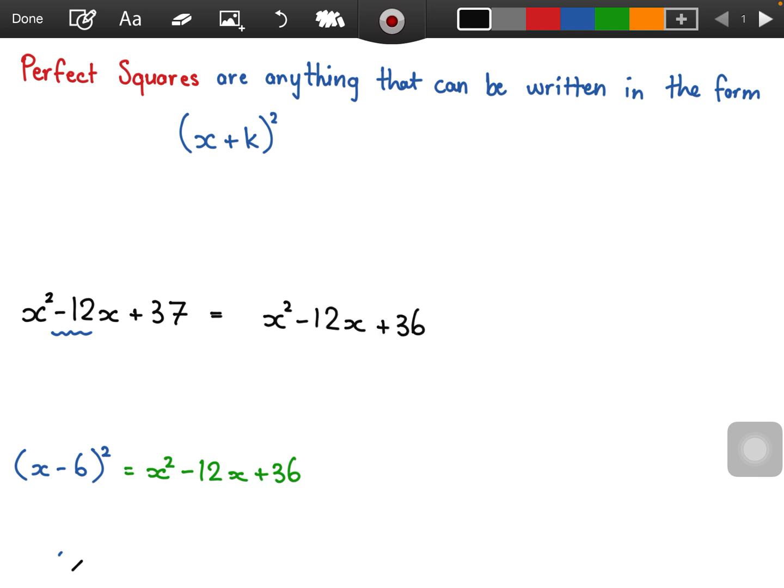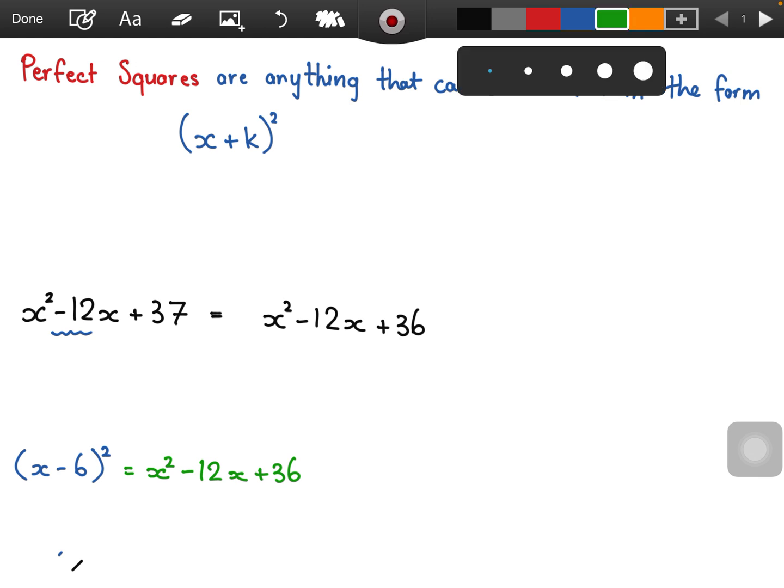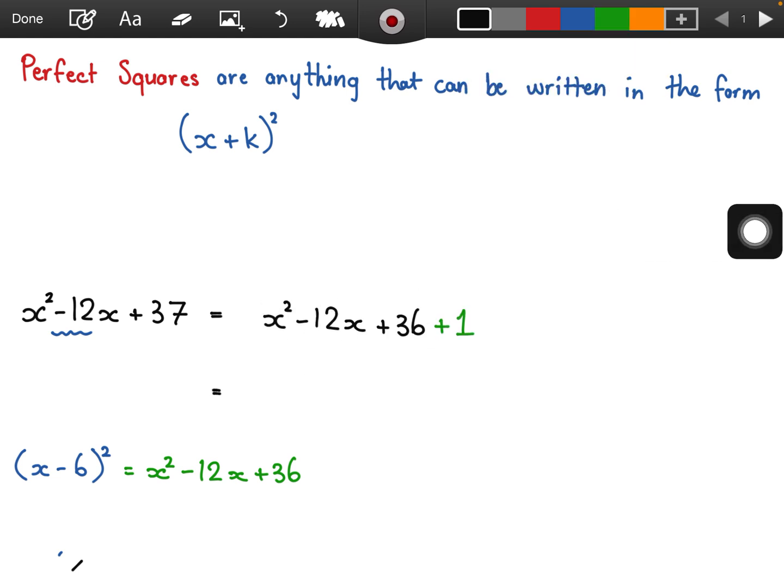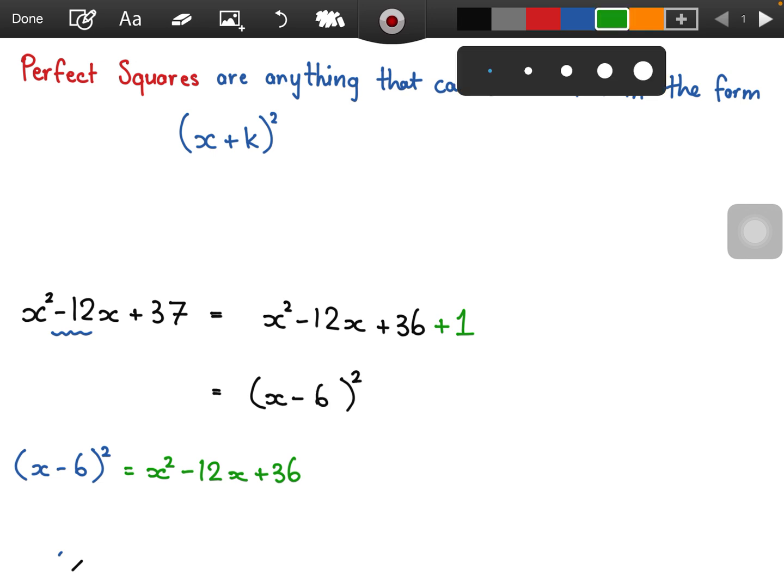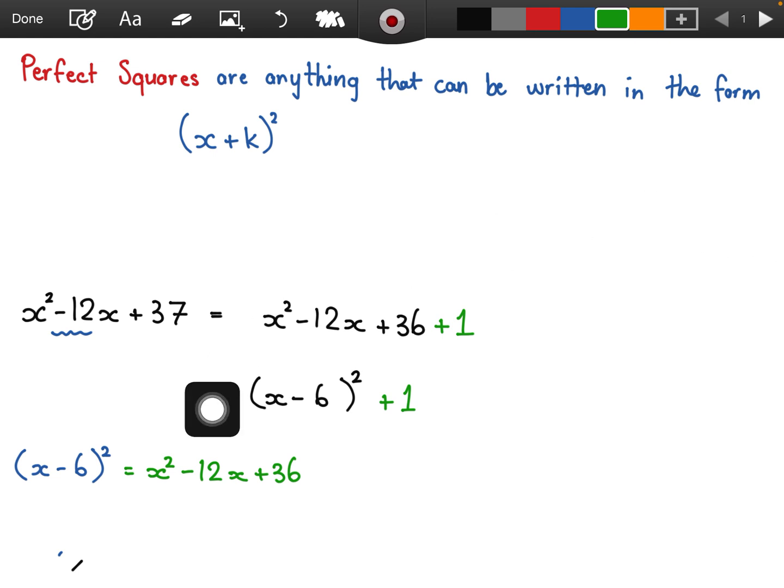I know that all of that can be written out in square form. And then I'm going to add on the 1 as well. That way I can write this out with the start of it as my x minus 6 to be squared, but at the end I have this plus 1. That's how we find our perfect square form.